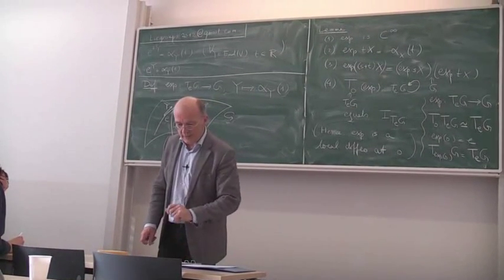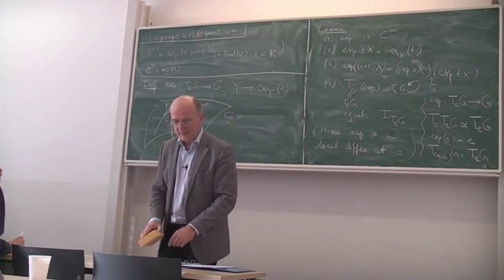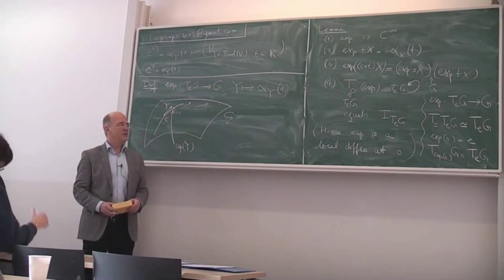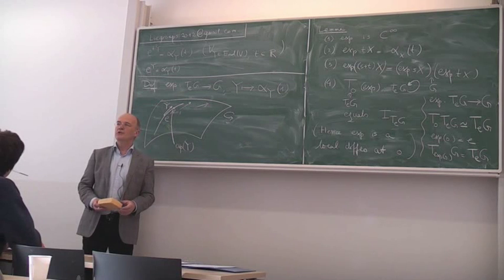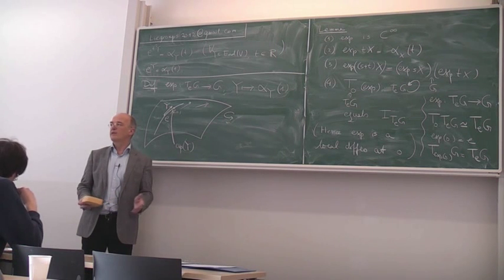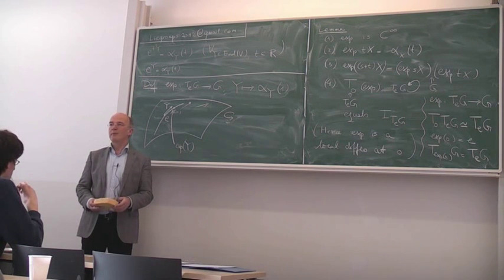Now this rather canonical way of introducing the exponential map through one parameter subgroups, or through invariant vector fields if you like, has a very, very nice consequence, which is extremely important for the further development of the theory.